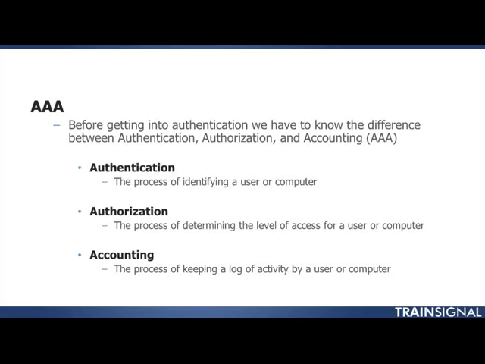There's also another A not included here, related to accounting, called auditing. That's where we can get into much more detail as far as keeping track of what a user or computer is doing.